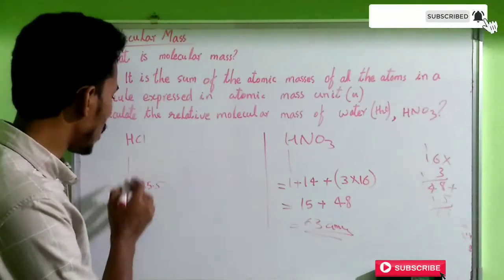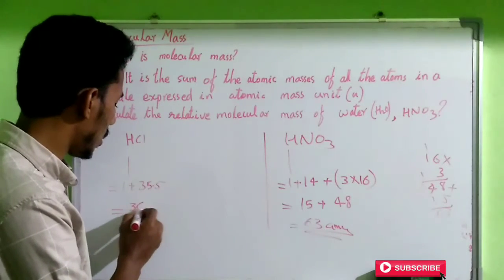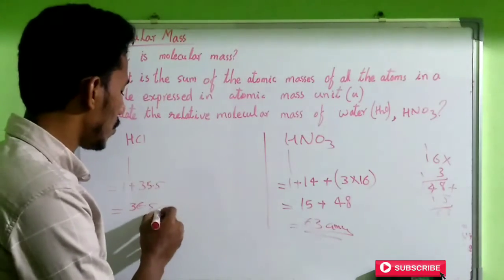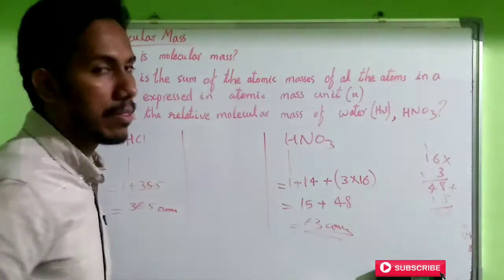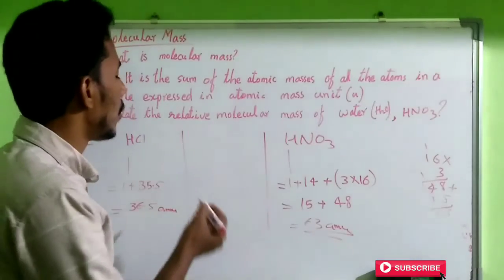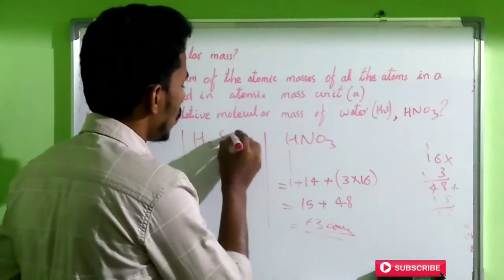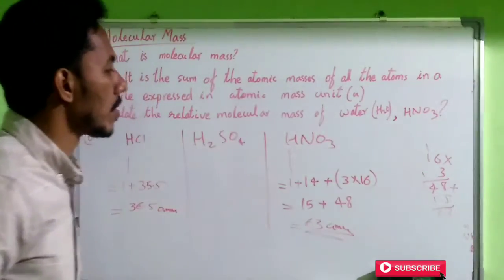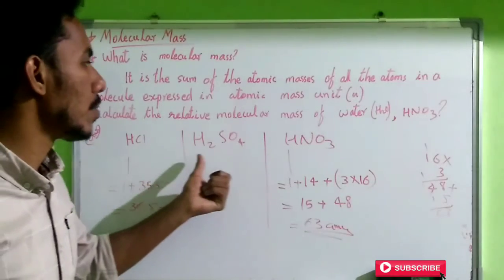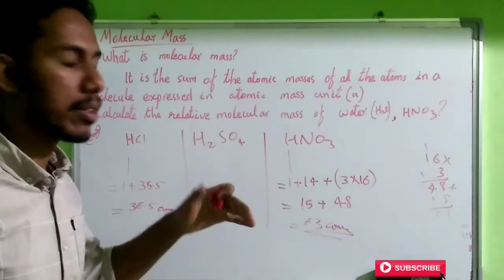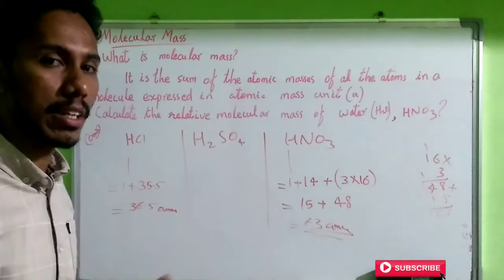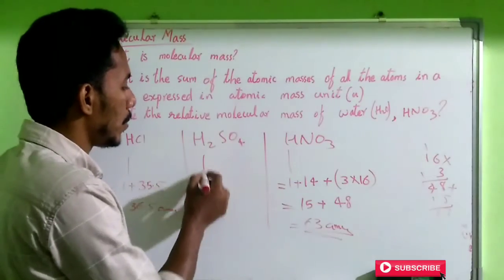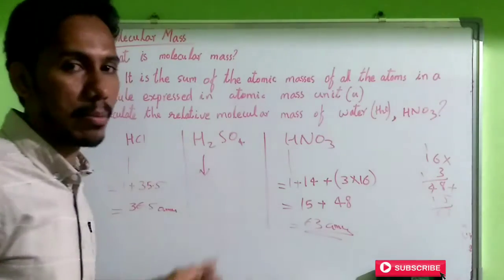So the molecular mass of HCl is 36.5 atomic mass unit. Okay. Then we have to find the molecular mass of H2SO4. So you should study the atomic masses from the table that I explained in the earlier classes. It will help you to find the molecular mass.